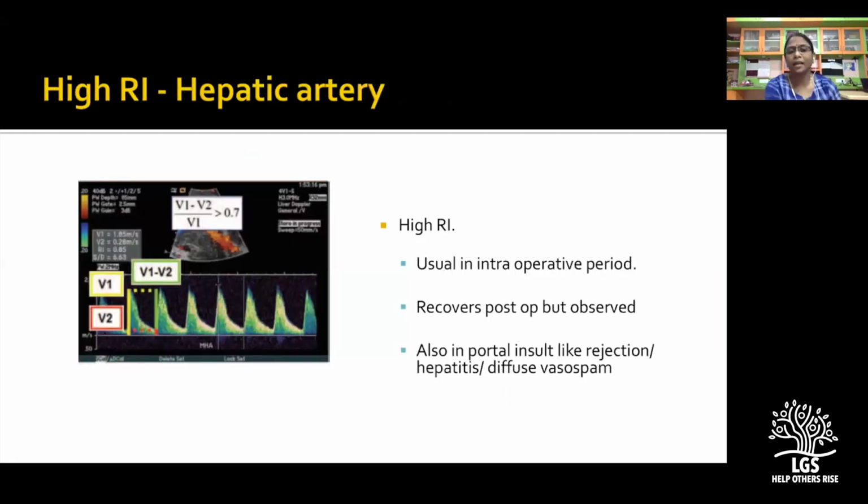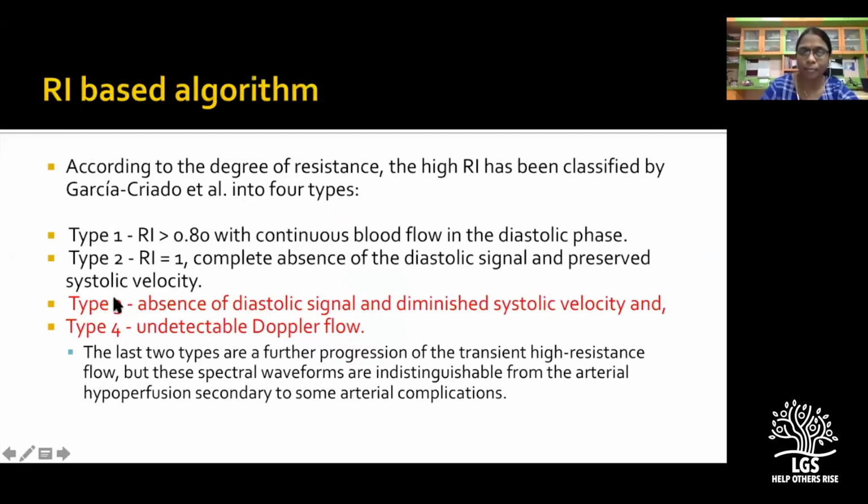And high RI is a reversible Doppler finding in the immediate postoperative period. High RI, what I mean by high RI is the resistive index more than 0.7. The end diastolic velocity determines the high RI. Usually in high RI, the end diastolic velocity is significantly reduced. We grade the high RI into four types.